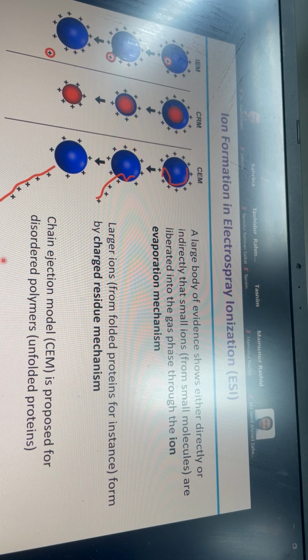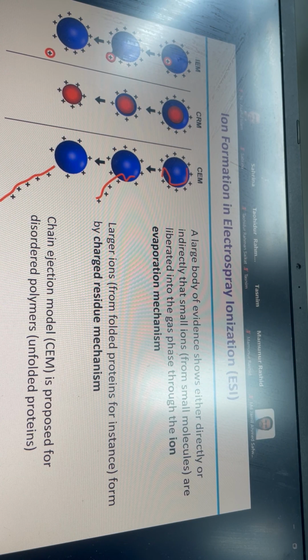ejection mechanism. As I mentioned, you have analytes. If you have small molecule analytes like pesticides, and then you have a water droplet because you use organic solvent and water. So then you have a droplet. Ion evaporation means the ion will be evaporated from the organic solvent.